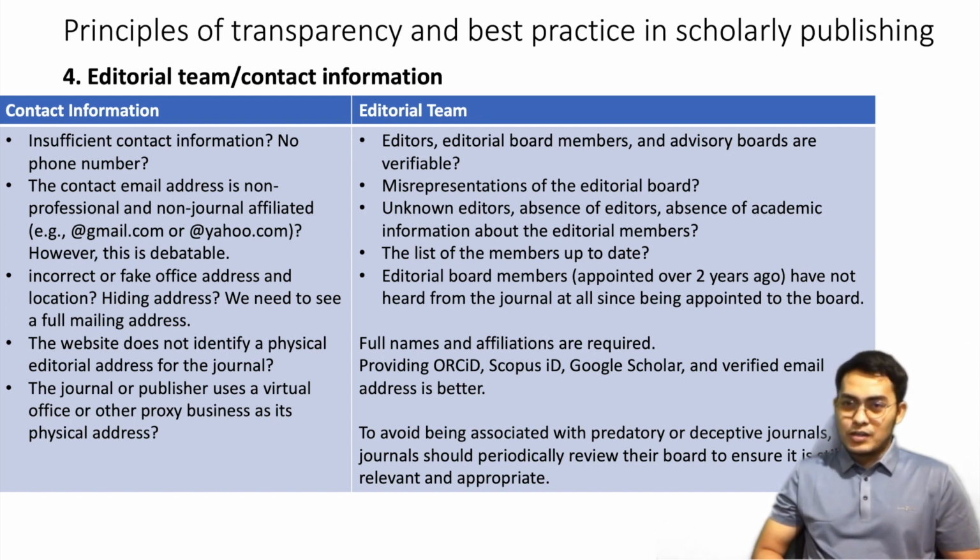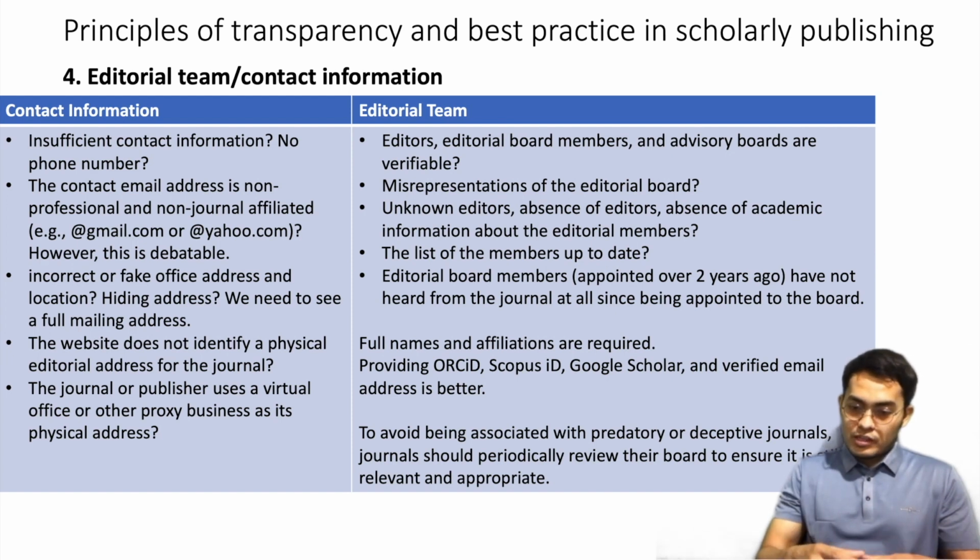Unknown editors, the editors we don't know, so therefore when the website puts someone's name, it's better to put the emails, the affiliations, the ORCID ID, the Scopus ID, Google Scholar. So it should be complete. So if anyone would like to check the editors or the board members, it's verifiable.